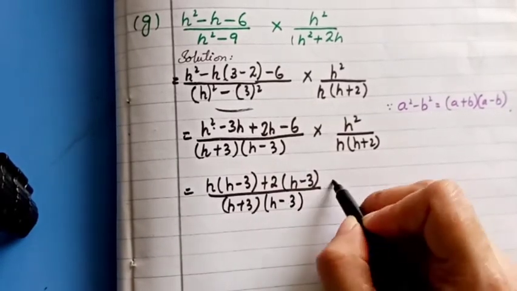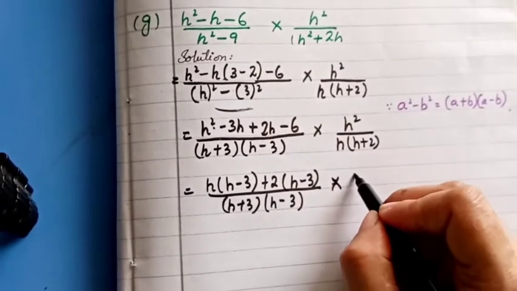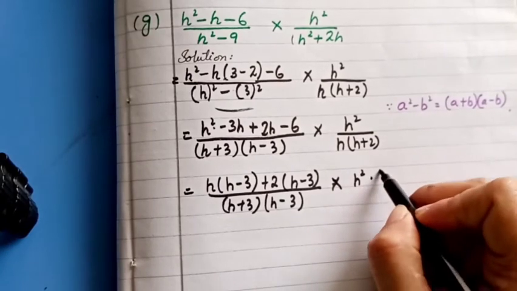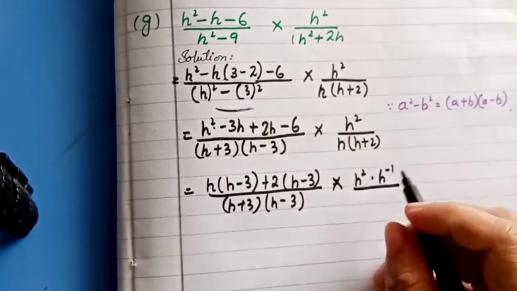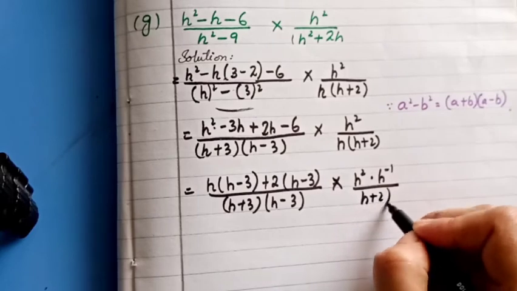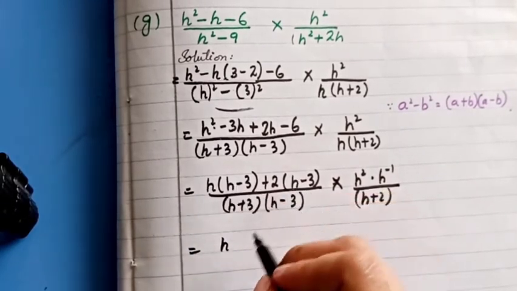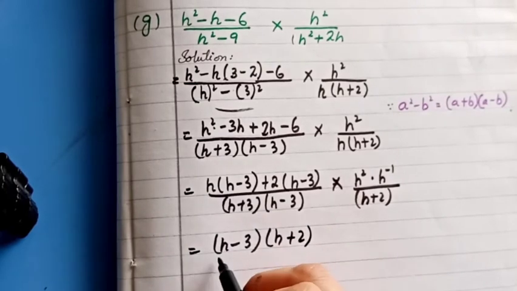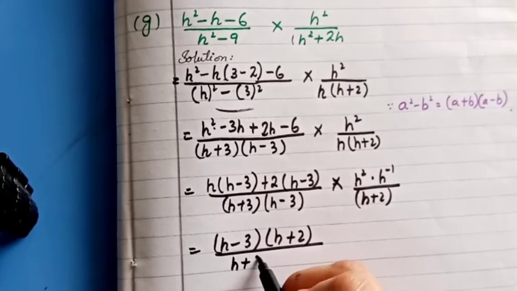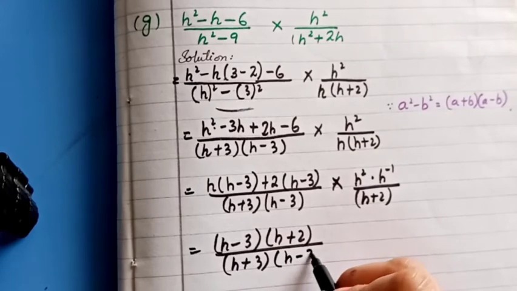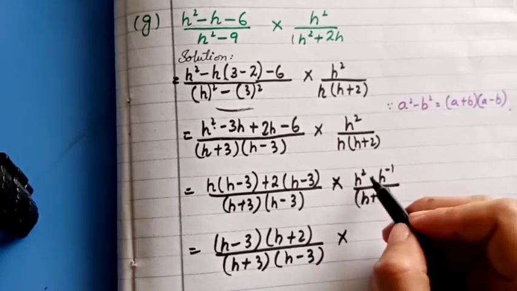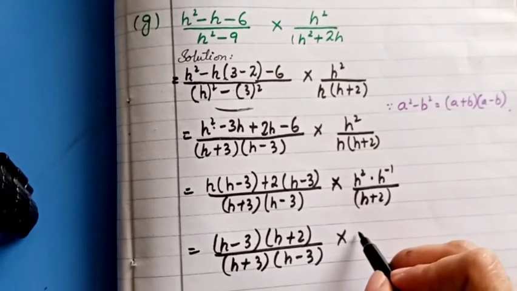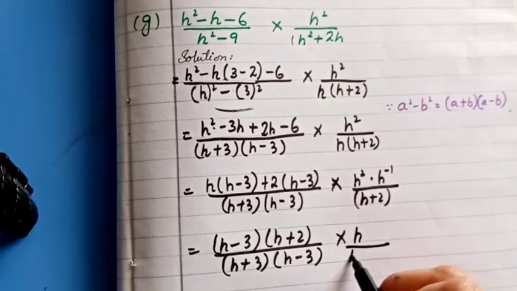Moving h from the denominator to the numerator, I will get h into h minus 1 and h plus 2 here. The two factors are h minus 3 and h plus 2 here, and in the denominator we have h plus 3, h minus 3, and here we have bases are same, powers will be added. We have h here and h plus 2 here.